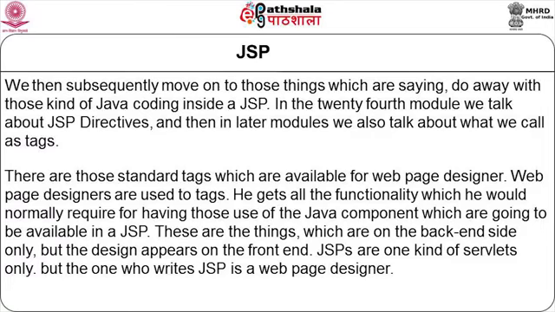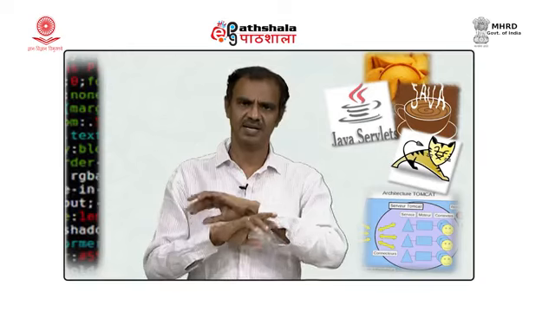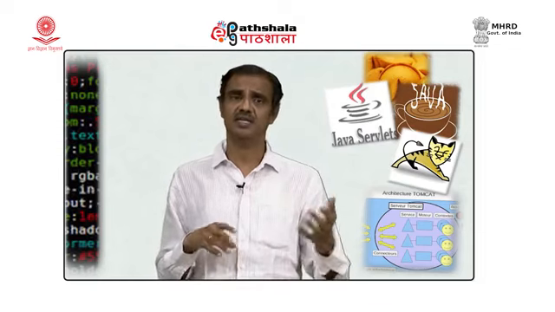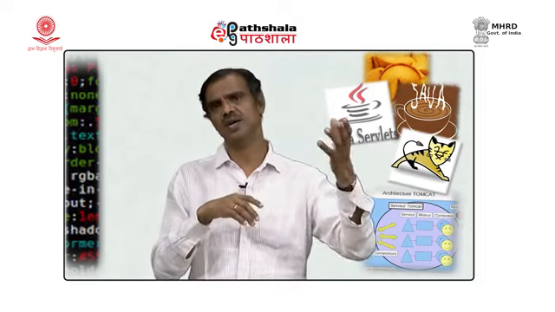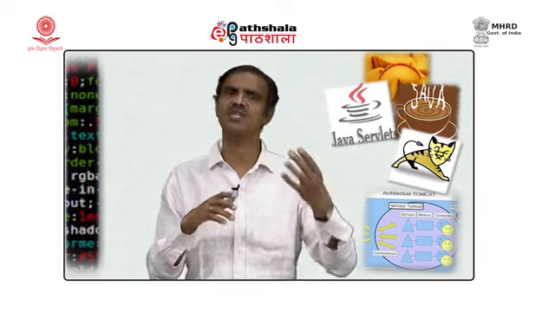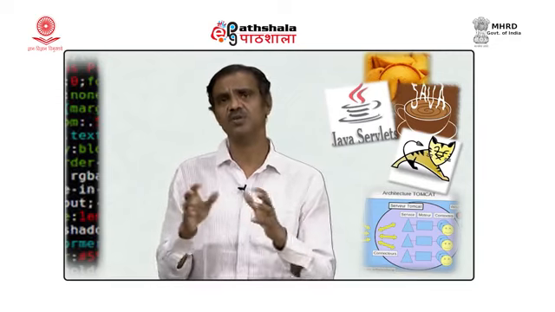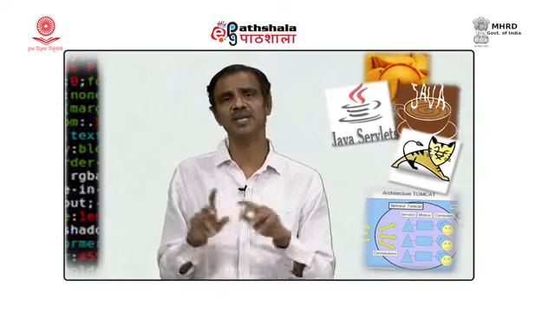There are standard tags available for any web page designer, and even using tags he gets all the functionality he would normally require in a JSP, making use of the Java components available. These are things which are on the back end side only. JSPs also work on the back end side, but it is a design which appears on the front end.